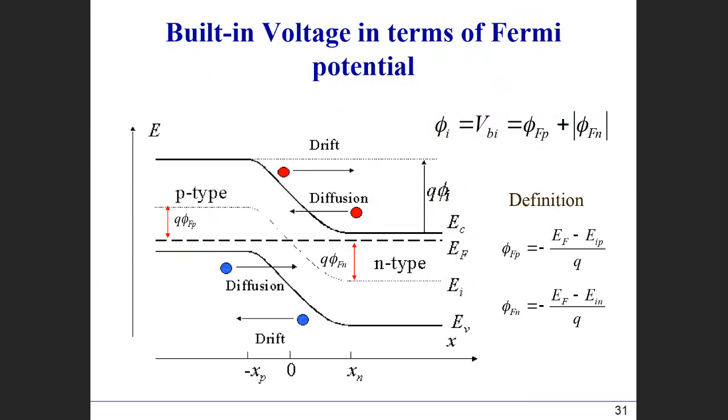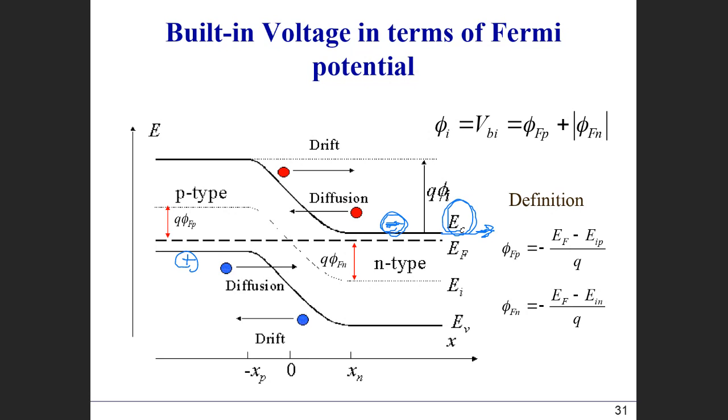Now, the second one here is that, as I mentioned, in the conduction band our interest is the electron. Okay? In the valence band, our interest is the hole. Okay? So now, if you look at EC, the conduction band, in the N side, EC is located at this level.